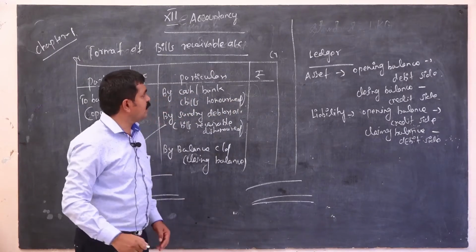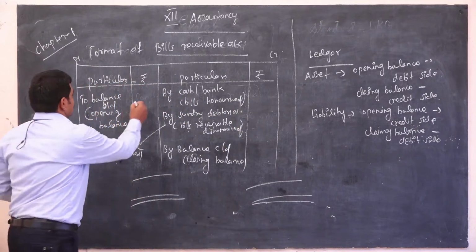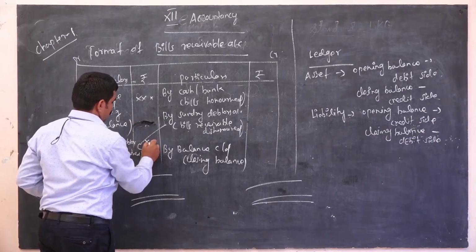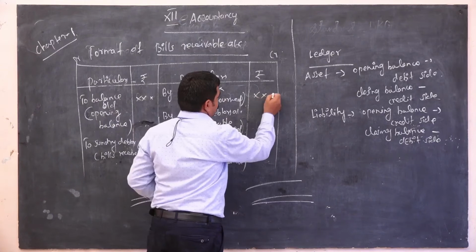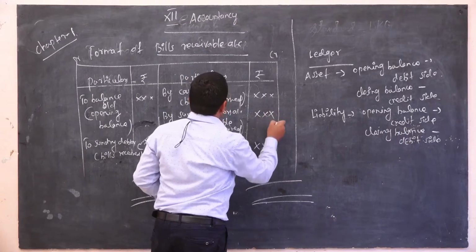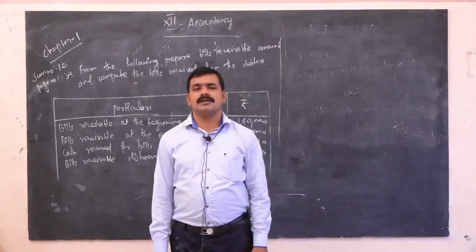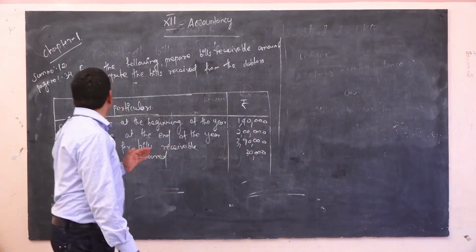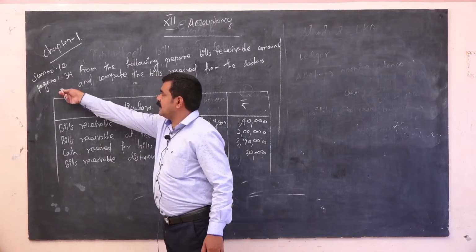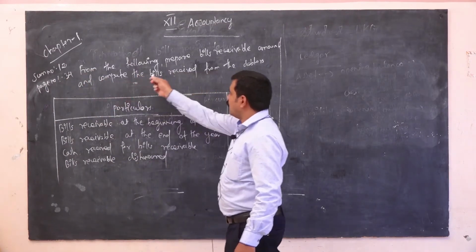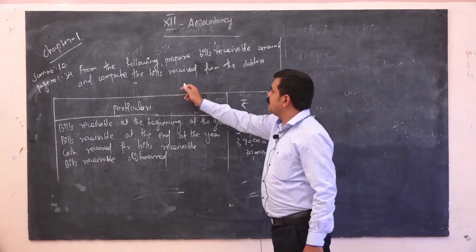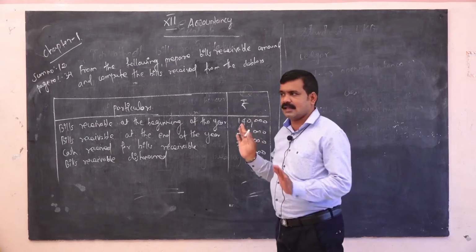Next I am going to solve the problem in this chapter. Problem number 12, page number 34. From the following, prepare the bills receivable account and compute the bills received from the debtors. These are the information.